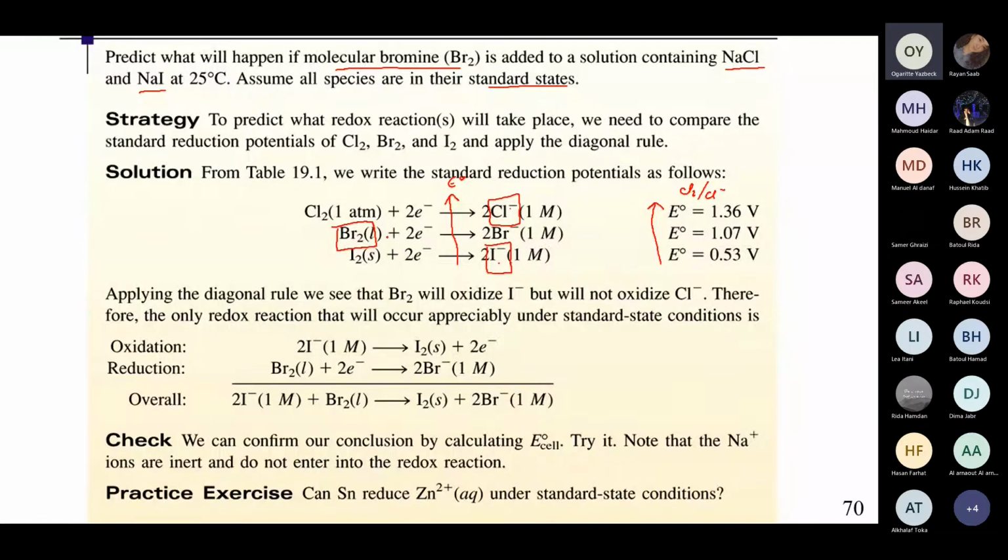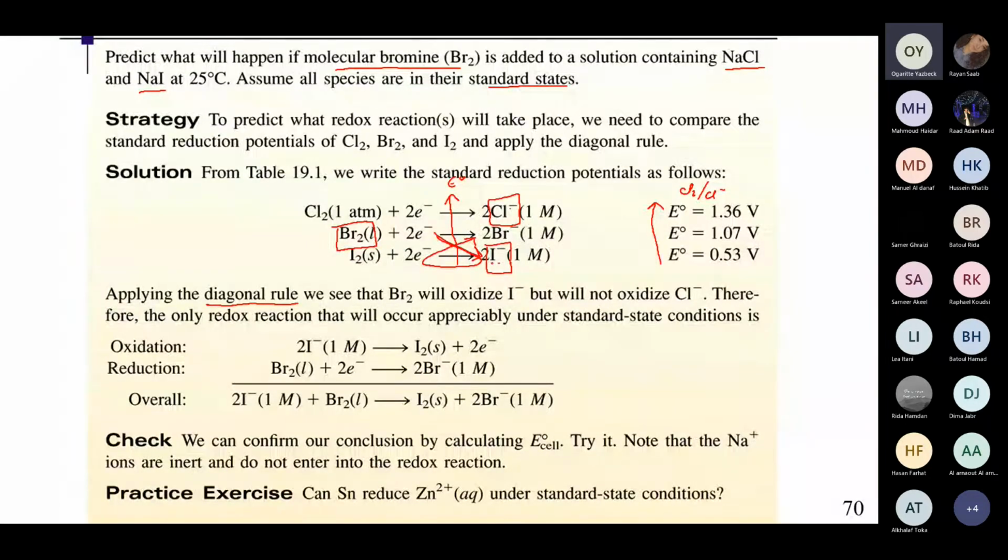Can this Br2 react with Cl minus? Can it react with iodine? Who will it react with spontaneously? We're going to look at the gamma or diagonal rules. So diagonal down or gamma rule. Okay.